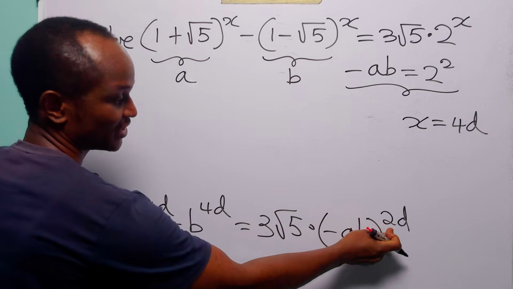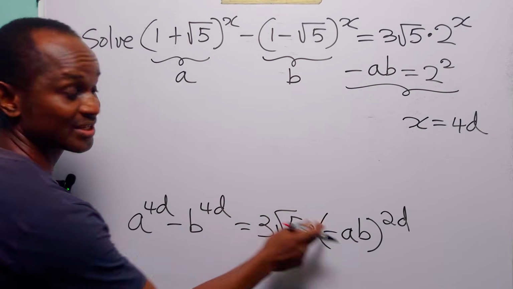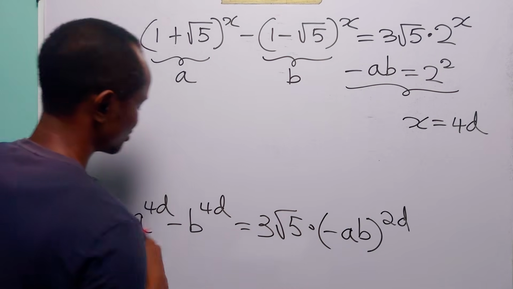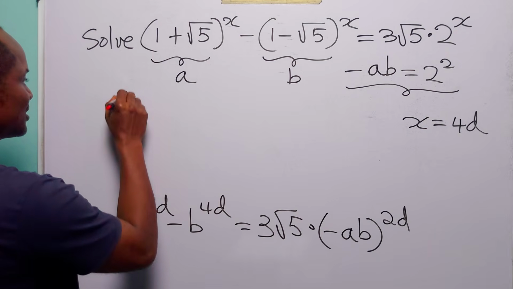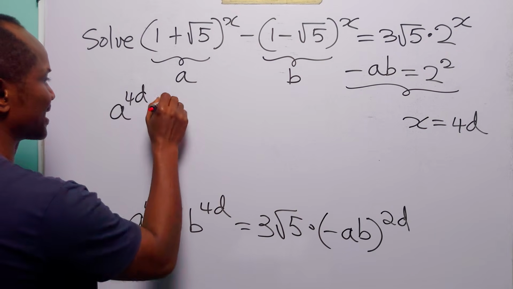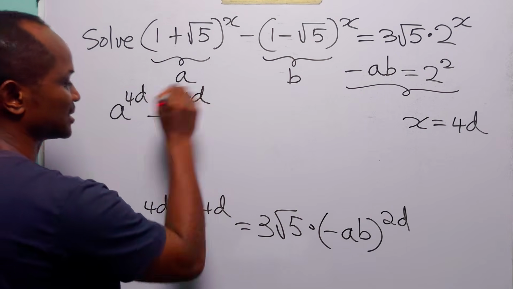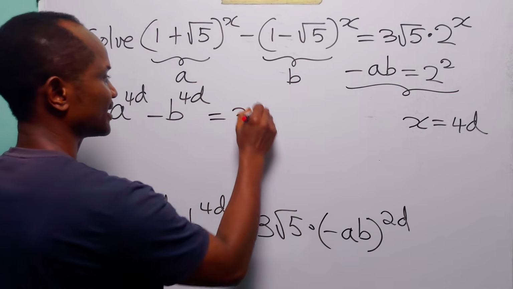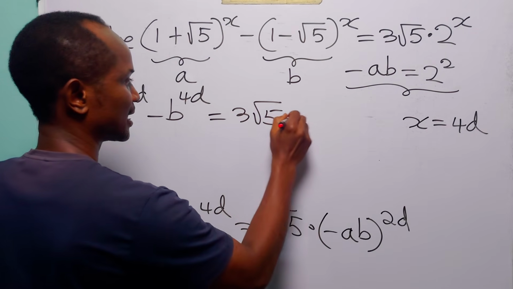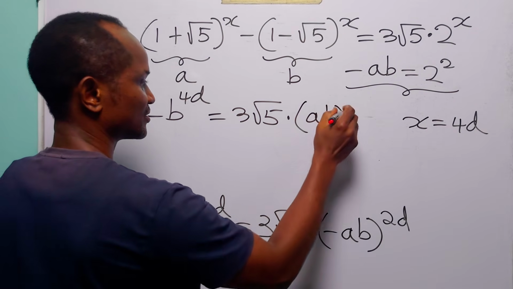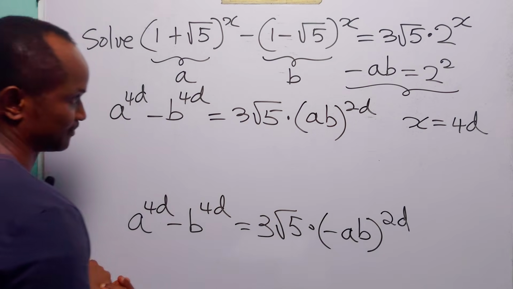And of course, because of this square, we can get rid of this minus. So this equation can be written as a to the power 4d minus b to the power 4d is equal to 3 root 5 times ab to the power 2d.